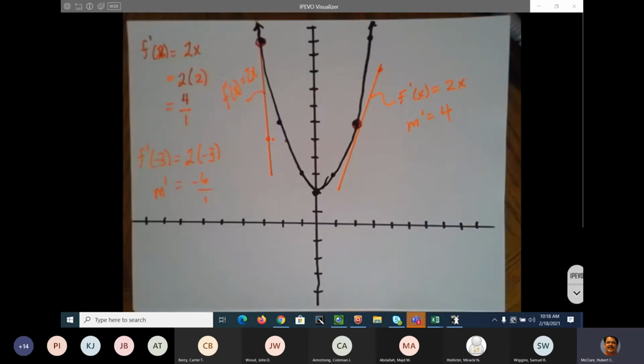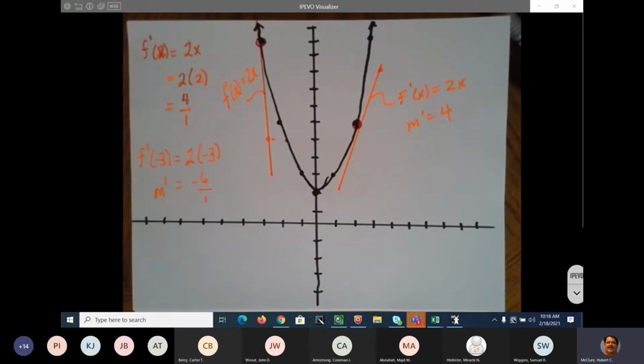Now, that's a simple derivative. We're only talking about a simple x squared term. Now, I want to show you a trick I learned in the war. What about f prime of 0?